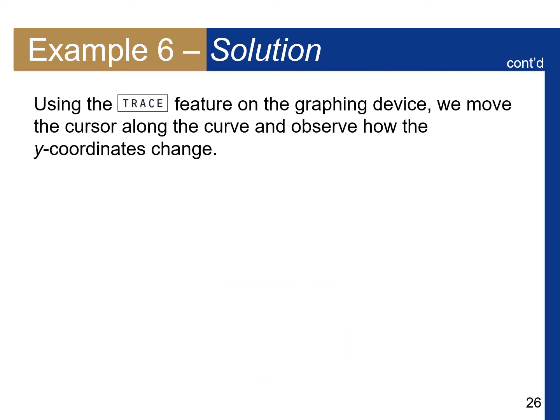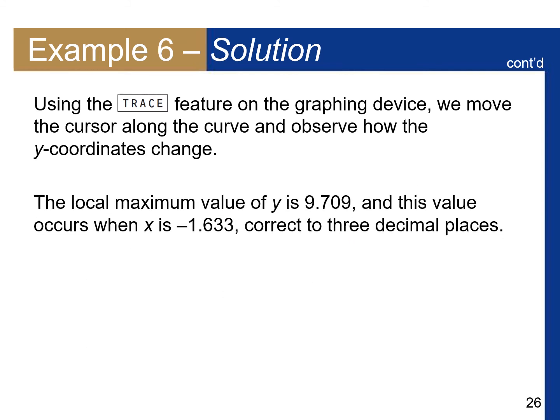So we use the trace function again, and we find the local maximum value is 9.709. And it'll give you this in the calculator, it'll give you where it occurs, at -1.633. And that's using the trace feature.